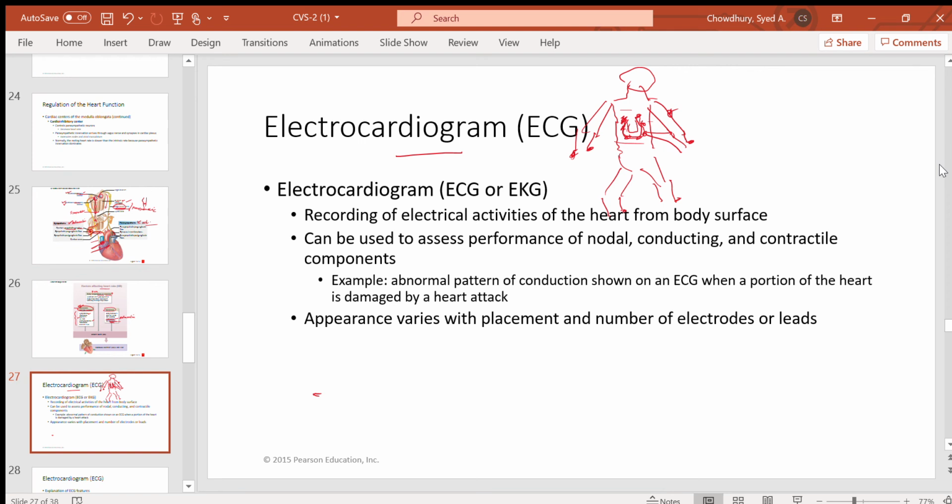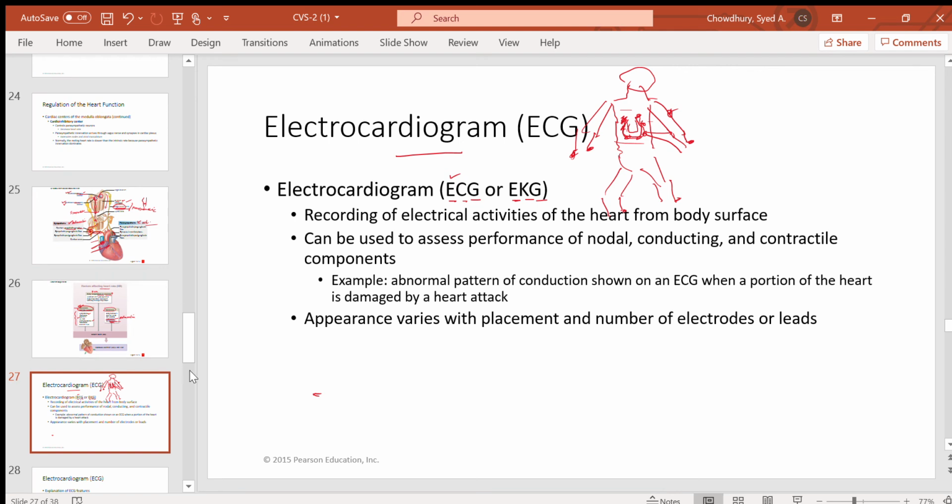So you can pick the signal from anywhere because it is the electrical signal generated by the conductive system of the heart, and that recording is called EKG, electrocardiogram. Okay, or ECG in some countries. Most countries use the term ECG. Here we use EKG.